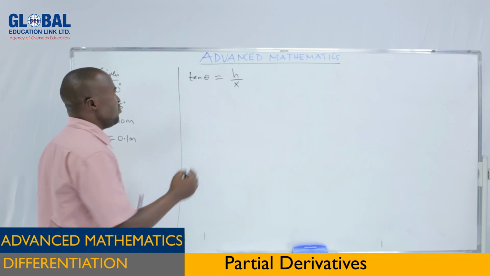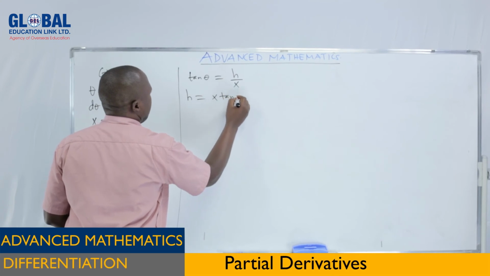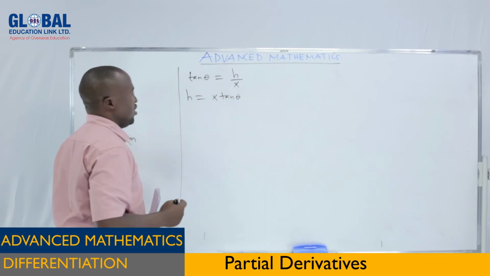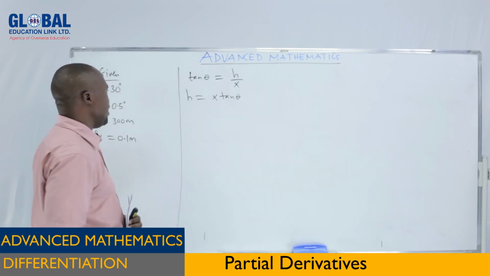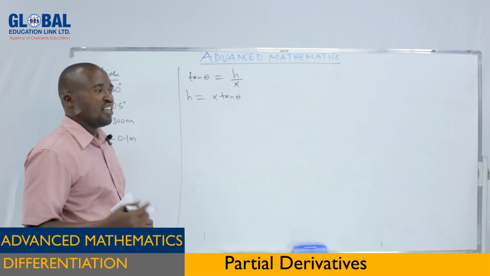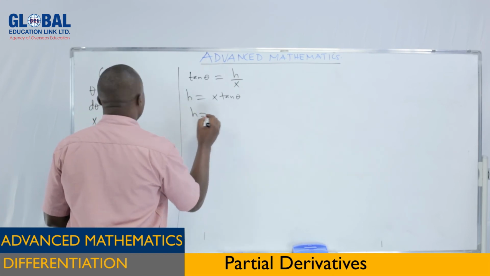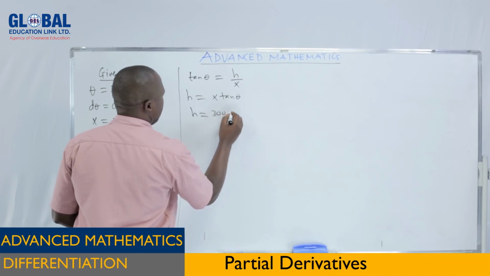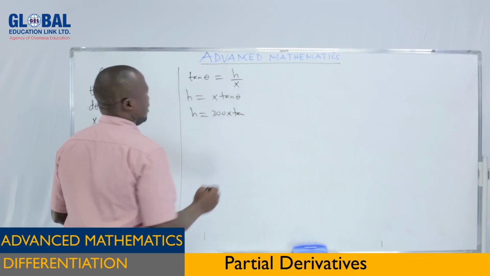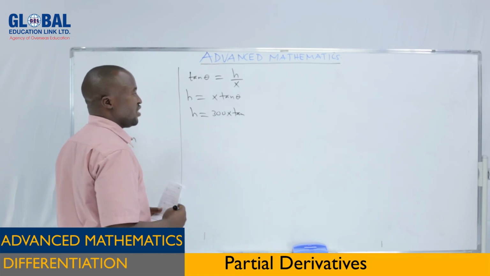Now making h the subject, we have h equal to x tan theta. It is possible to find h because we have the value of x, and theta as well. Therefore h is equal to x, that is 300 meters, times tan of 30 degrees.